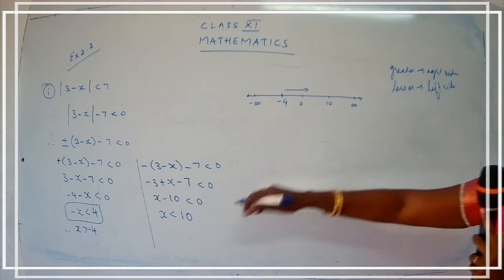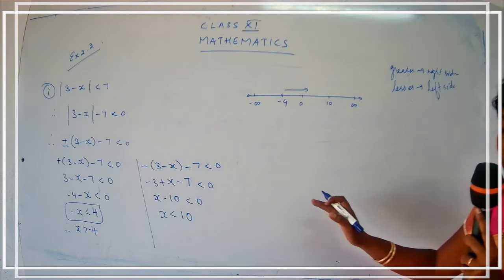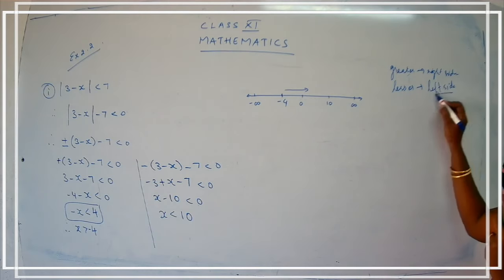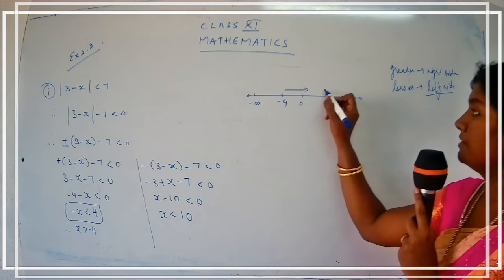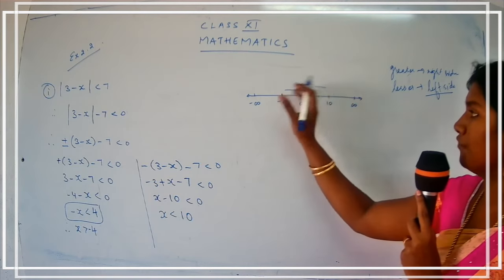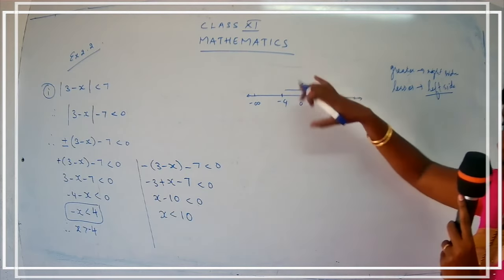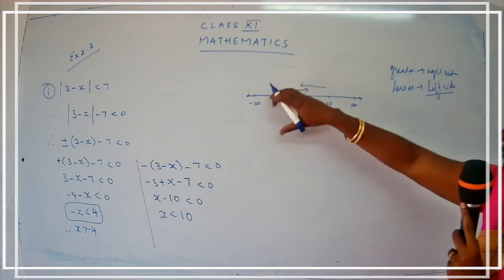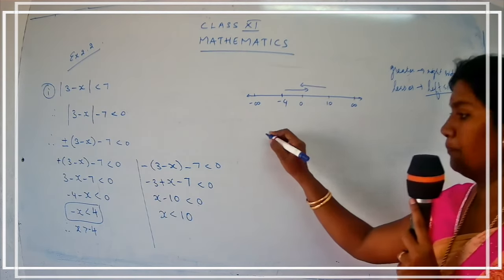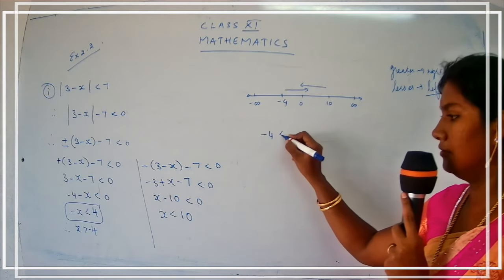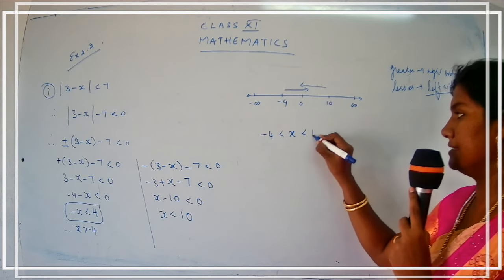X is less than 10. Less than means where are you going to move now? You have to move to the left side from 10. So where is the value of x lying? X is lying between minus 4 and 10. Clear, children? So I'll write here minus 4 less than x less than 10.